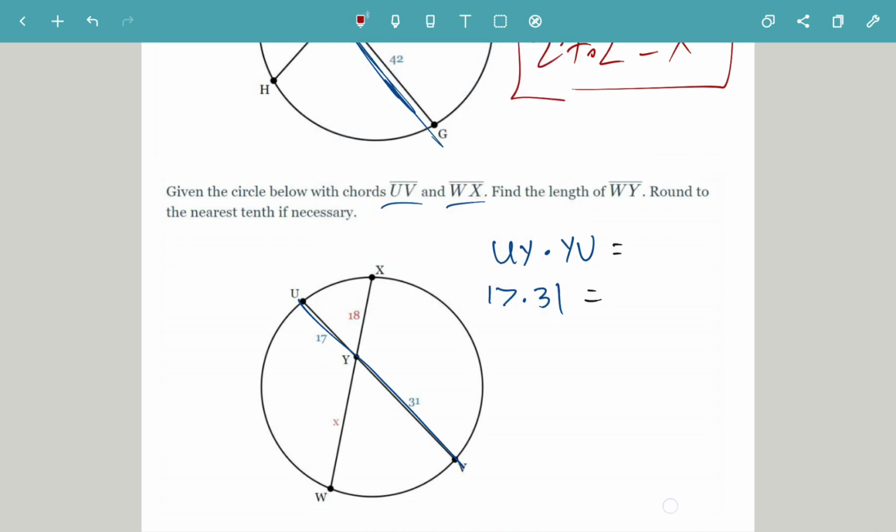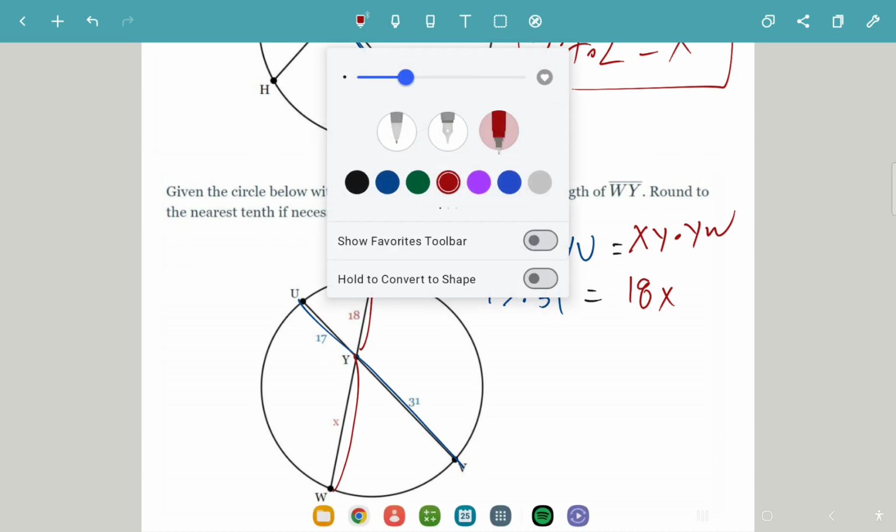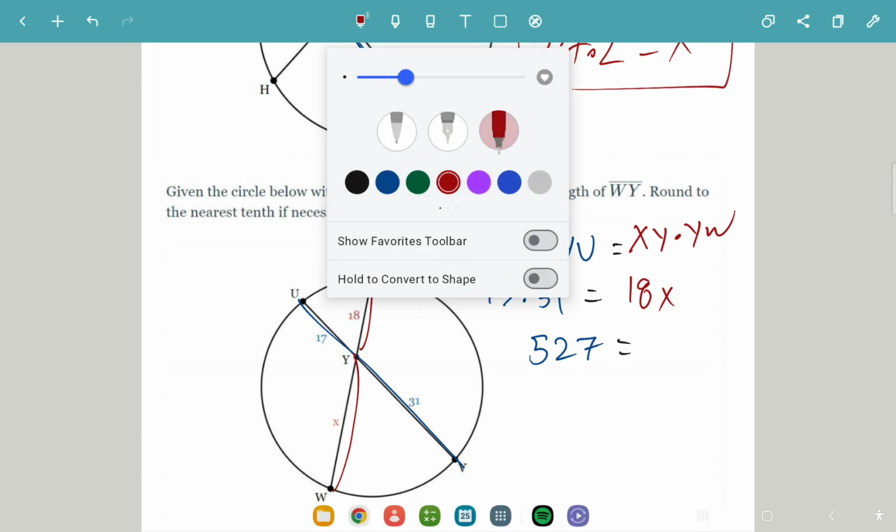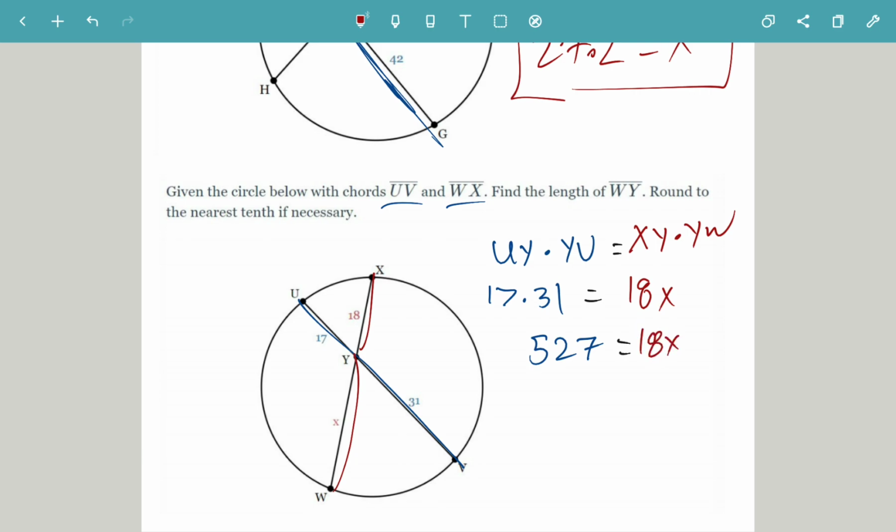That is equal to XY times YW, which is 18x. 17 times 31 is equal to 527. Equals 18x. So that is, divide both sides by 18. We get 29.3 for x. And that is your answer.